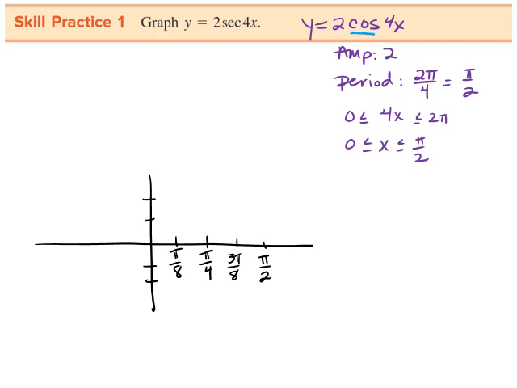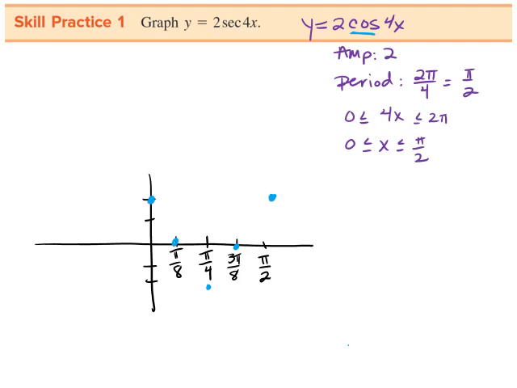Remember, cosine will start and end at its maximum. Halfway between, it's at its minimum, and 1/4 and 3/4 of the way, it's at the baseline. So this is the graph of cosine. And remember, cosine will continue forever and ever in both directions.